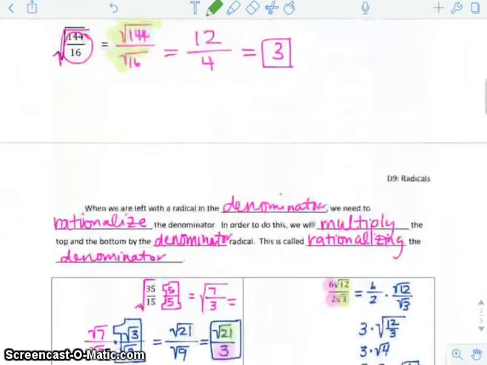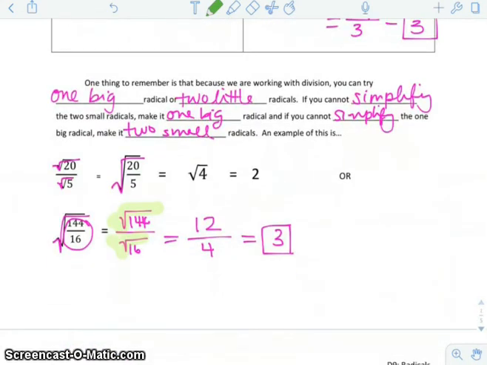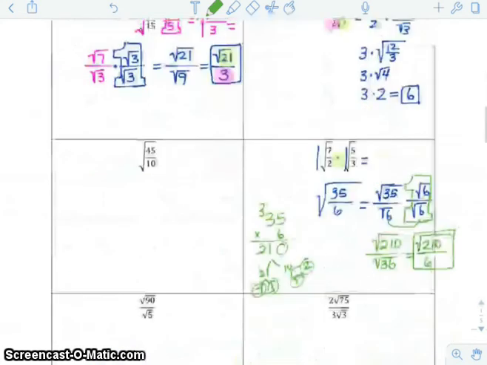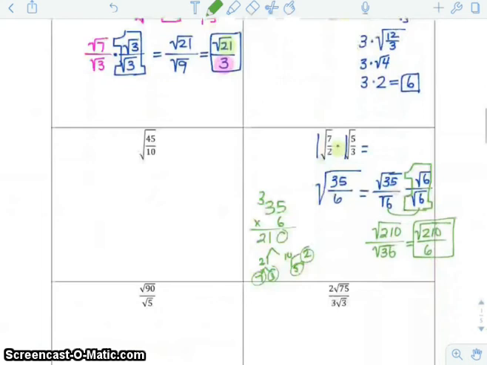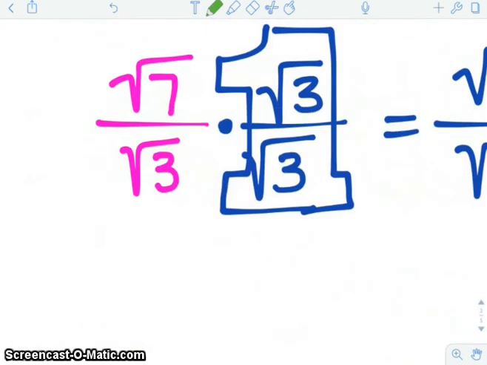We're going to do plenty of examples in class, but here's what you want to remember. You can move back and forth between one big radical and two little radicals. So if it cannot be simplified as a fraction, try splitting them into a numerator and then the denominator and simplifying separately. If that cannot be done and you're left with something like this example here, square root of 7 over the square root of 3, you must rationalize your denominator by multiplying the top and bottom by your bottom radical.